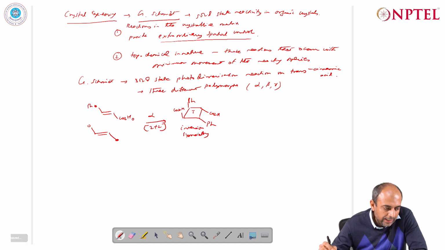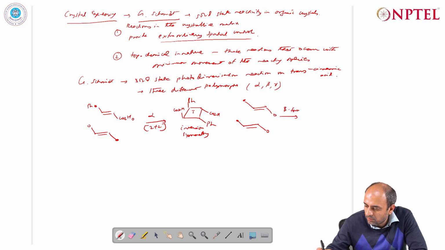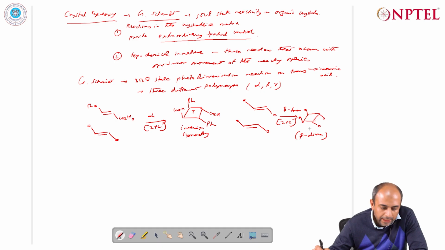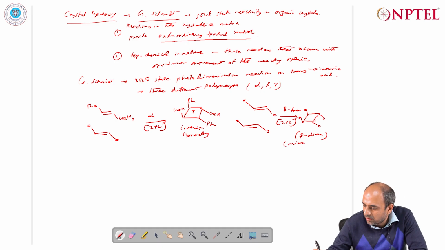On the other hand, when you have the corresponding beta form, the arrangement of the molecules is as follows, and the beta form undergoes a 2+2 dimerization reaction to give you the beta dimer, and this has a mirror symmetry present in the product.